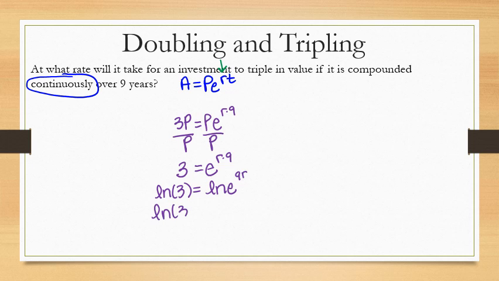I can use the power rule to write that 9r in front. So this would be 9r times the natural log of e, and again remember that the natural log of e is just 1. So now to get the r by itself, divide both sides by 9, and I get that r is about 12.2%.